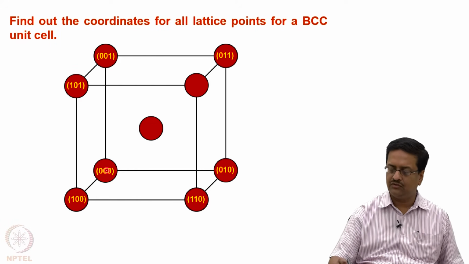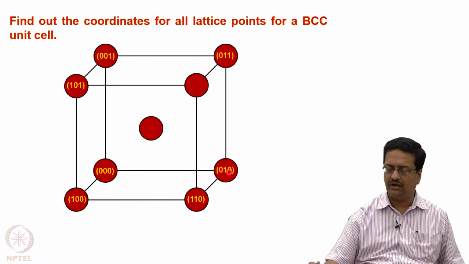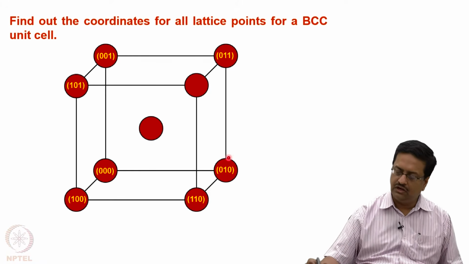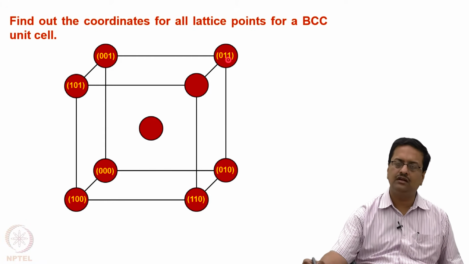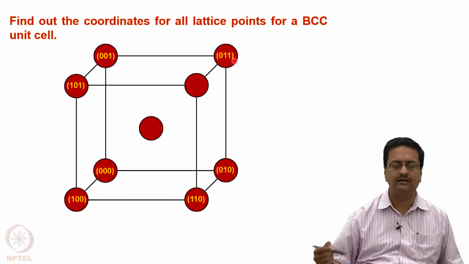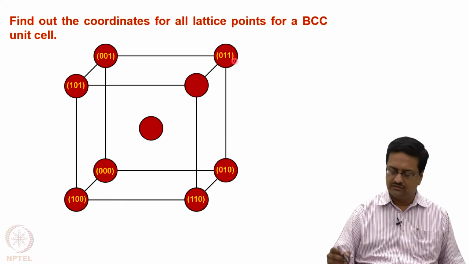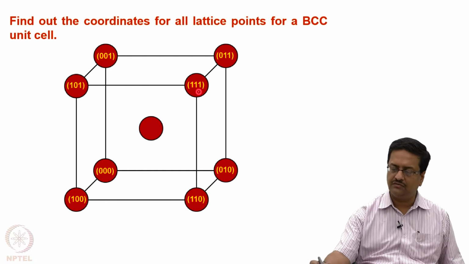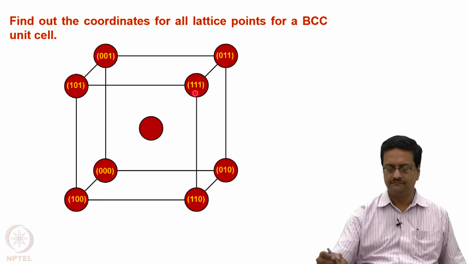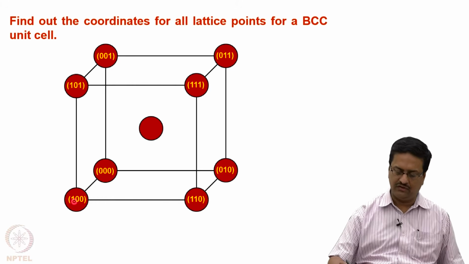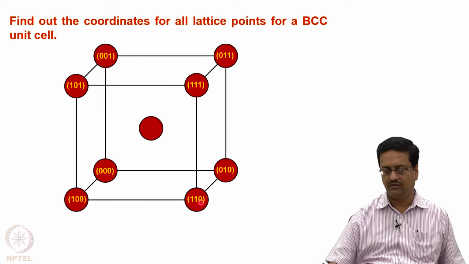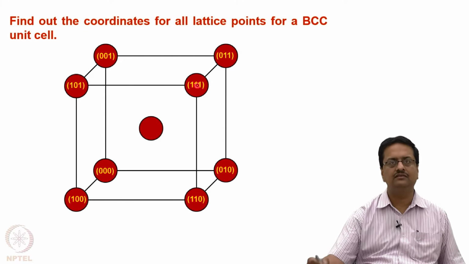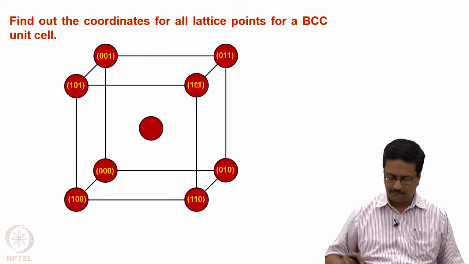Similarly, from here you go 1 unit along y, 1 unit along z, and not going anywhere along x means it is 0, 1, 1. Like that, the opposite corner of the origin becomes 1, 1, 1. We travel 1 along x, 1 along y, and 1 along z.